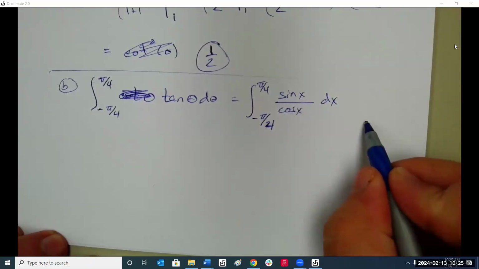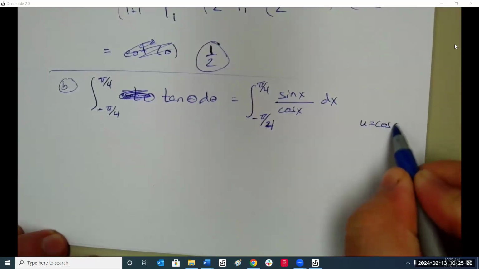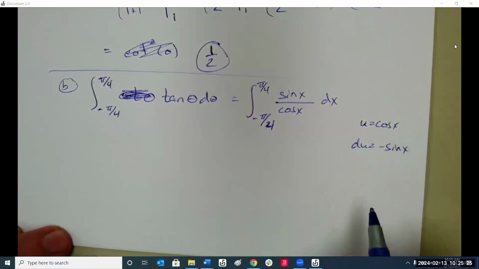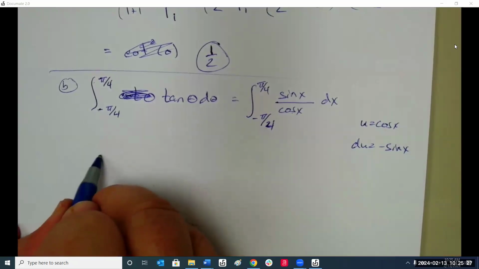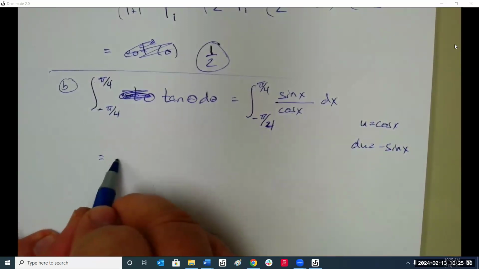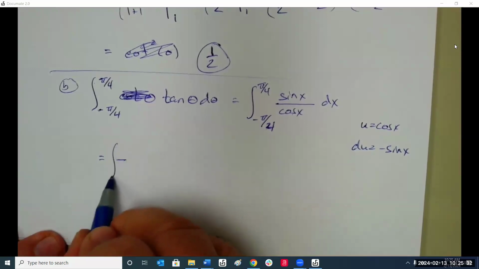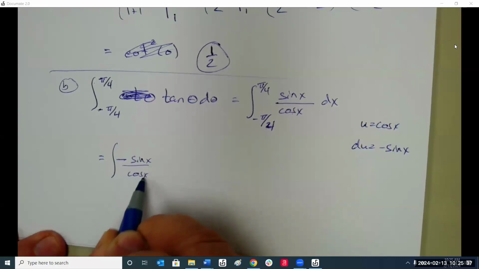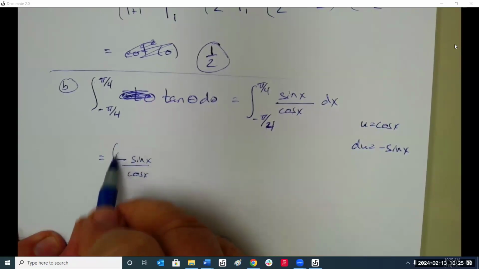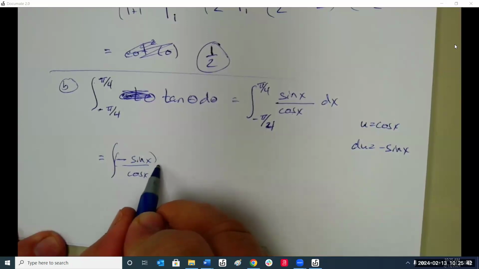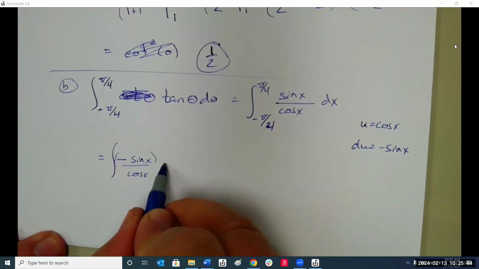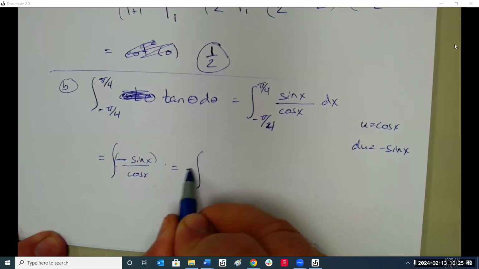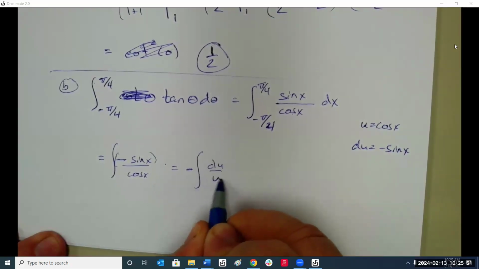All right. So if we let u equal cosine x, then du is negative sine x. So it'll be negative, which makes it the negative integral of du over u.